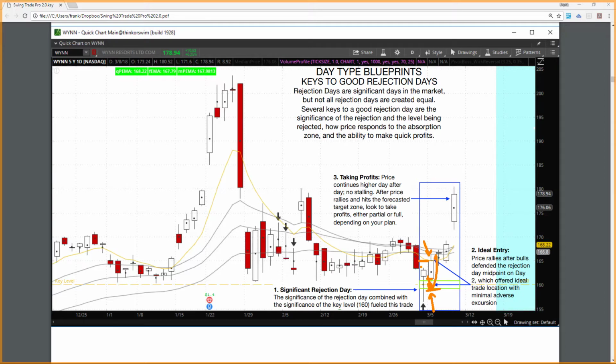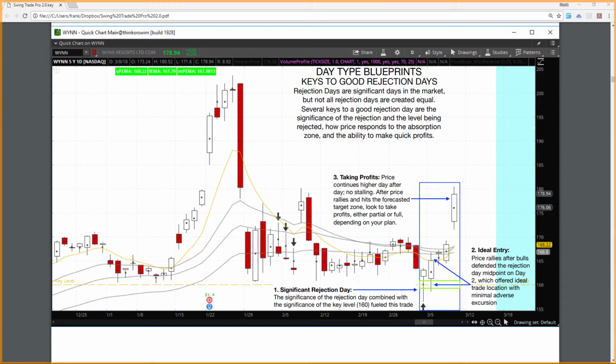That is exactly what you want to see. And again, price pulled back a little bit lower than that midpoint, which is fine. It can do that during the day, but it needs to close above that point by the end of the day, and it did in this case. So again, a solid entry point. For this one, not much adverse excursion away from it. Everything else was positive excursion, which is fantastic.